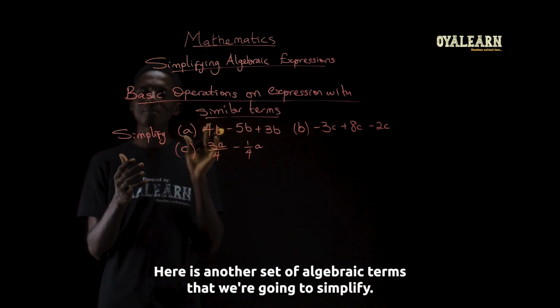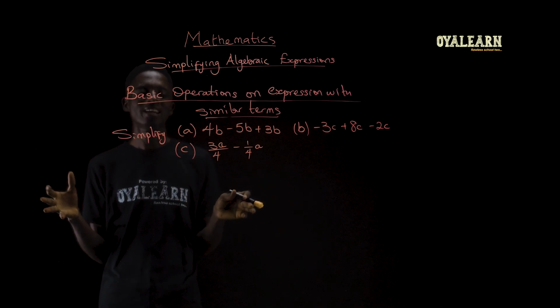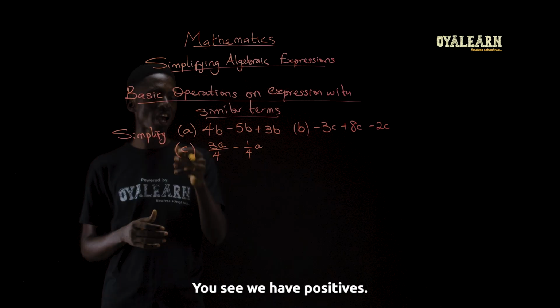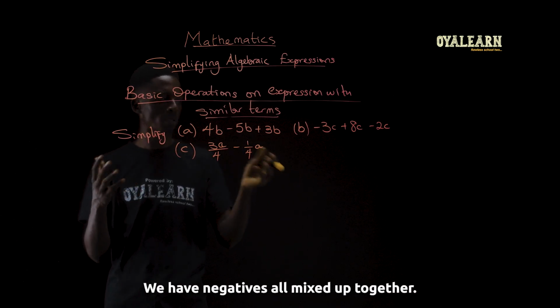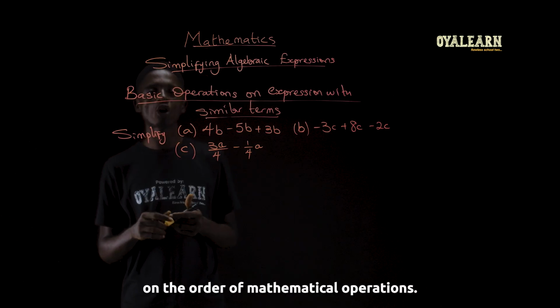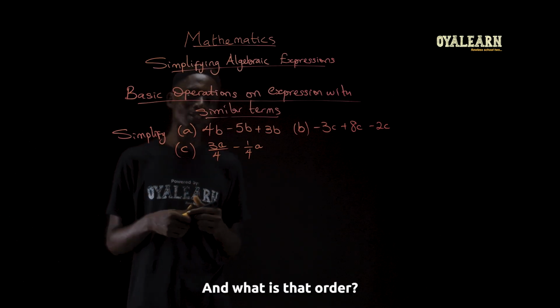Here is another set of algebraic terms that we're going to simplify. One thing that you need to do with terms like this, you see we have positives, we have negatives all mixed up together. So what you need to do is to recall our lesson on the order of mathematical operations. And what is that order?